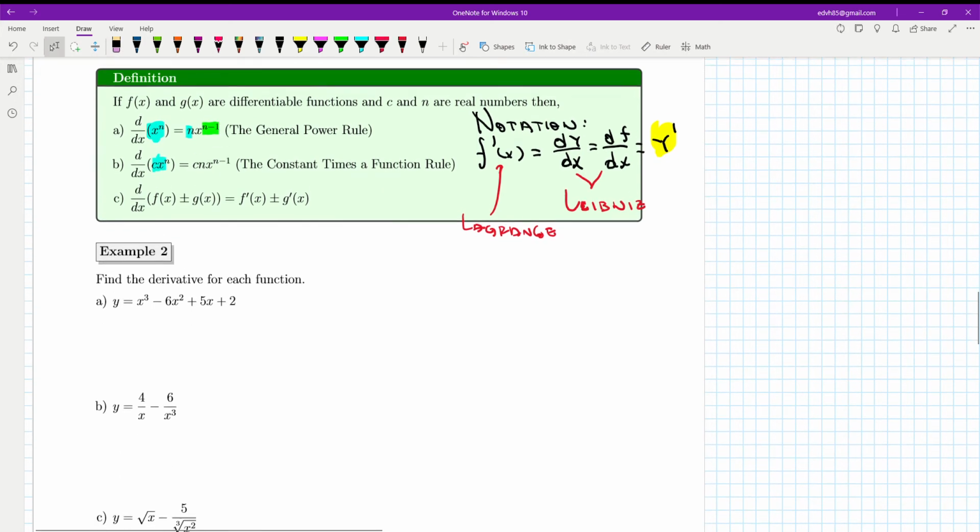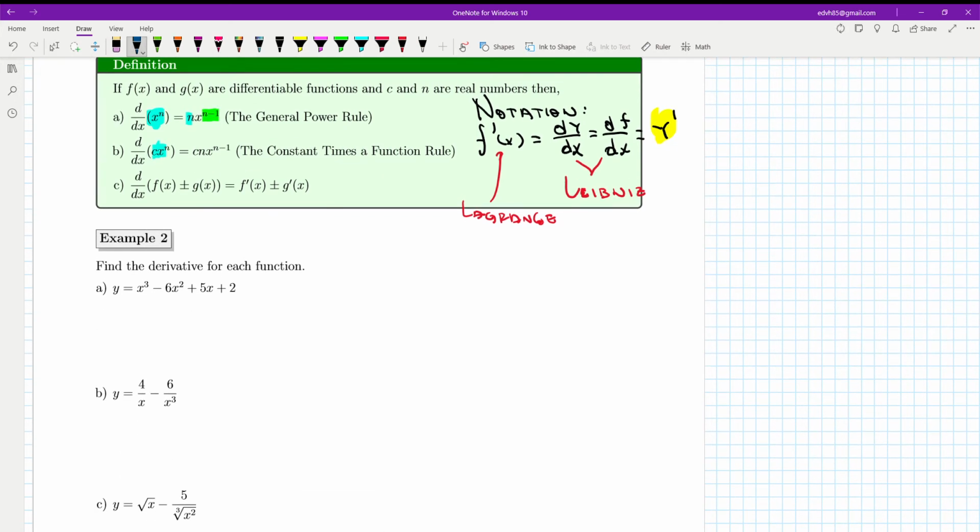All right, so let's do a few examples. So y prime equals 3 times x to the 3 minus 1, minus 2 times 6x to the 2 minus 1, plus 5x to the 1 minus 1, plus the derivative of a constant.